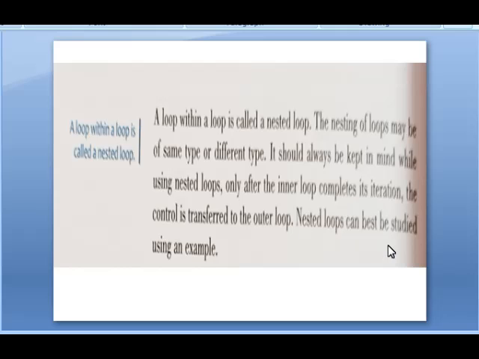Nested loop can be studied using an example. Nested loop means if a loop is used inside another loop, it is called a nested loop. In the nested loop structure, first it will check the condition in the outer loop, and if the condition is true, it will jump inside the inner loop.